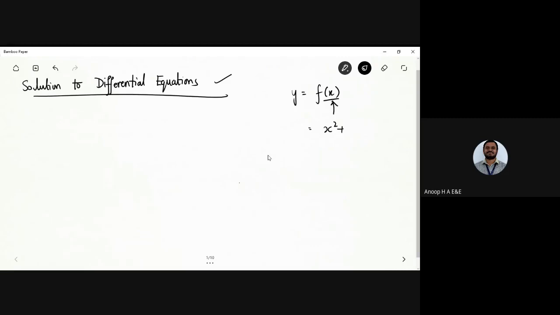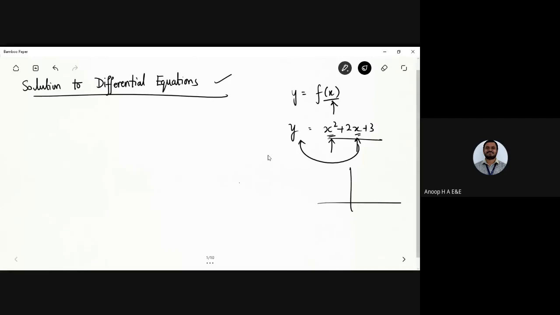Let me take an equation similar to this: x squared plus 2x plus 3. So y will have x squared plus 2x plus 3 as the equation. Whatever values of x I give here, depending on them you are going to have the output, that is the function y.